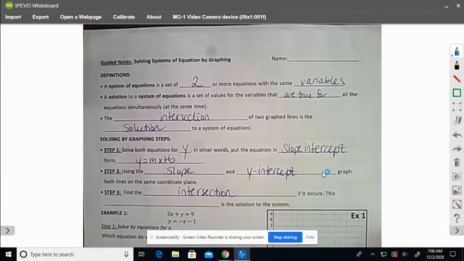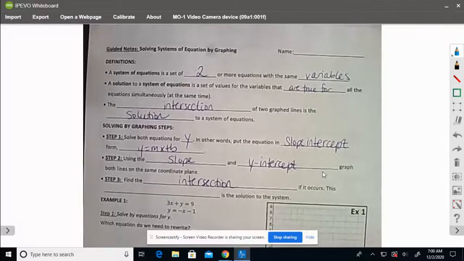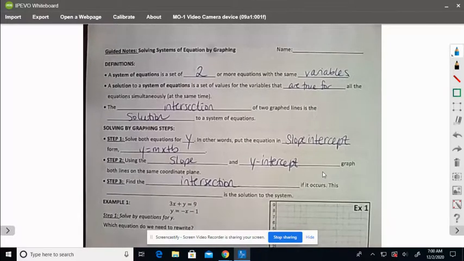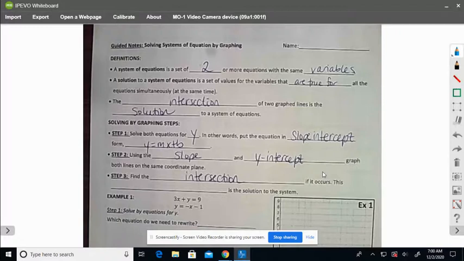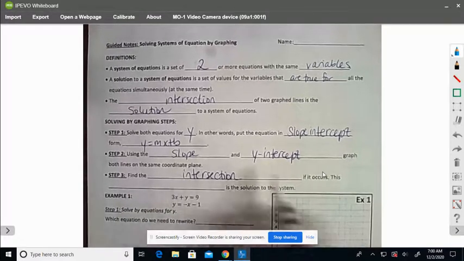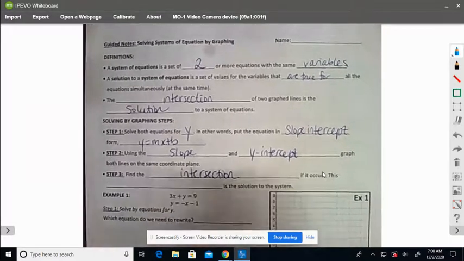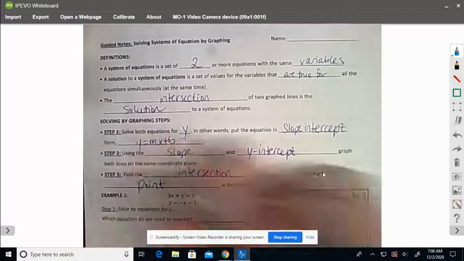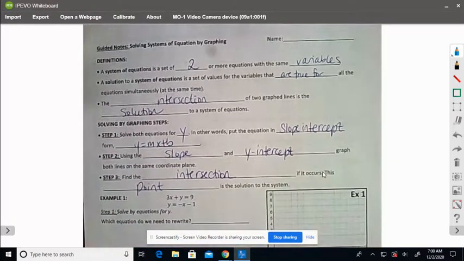Remember, if there's no intersection, if it's parallel lines, there's no solution. If it's the same line, there are infinite solutions. Once we find that intersection, this point is the solution to our system.